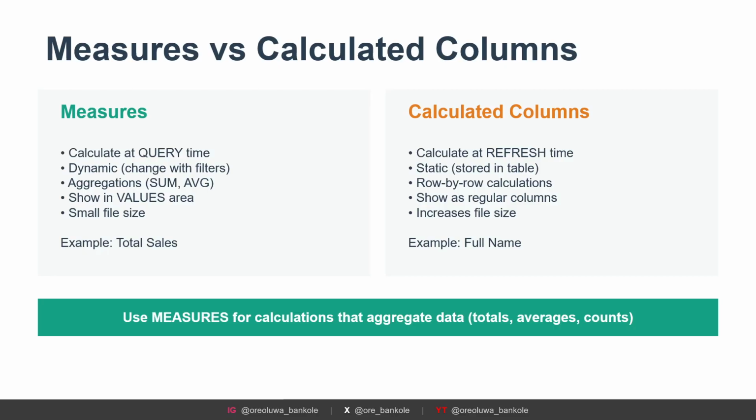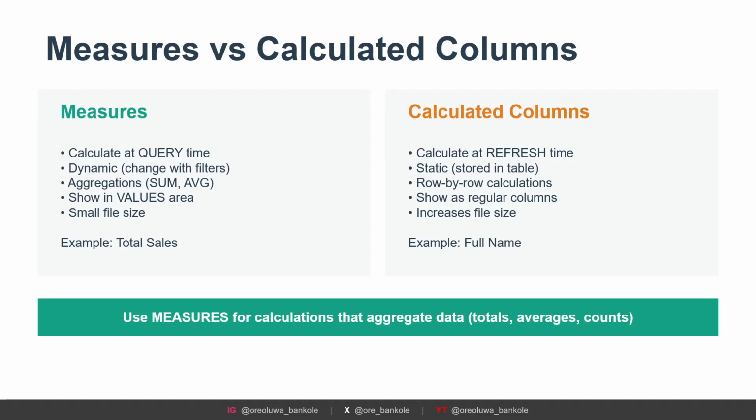Another thing about measures is that they show in our values area. When we go back to Power BI, I'm going to show you all these things. Something else about measures is that they are stored in a small file size, because it's just like =SUM in Excel, something as small as that. That is what a measure is. Are you with me?